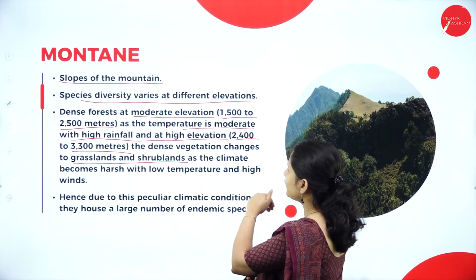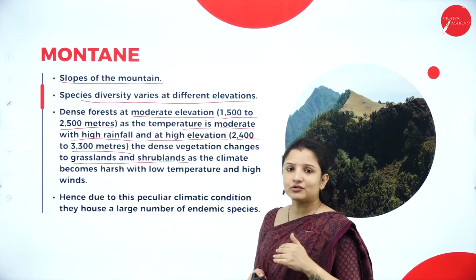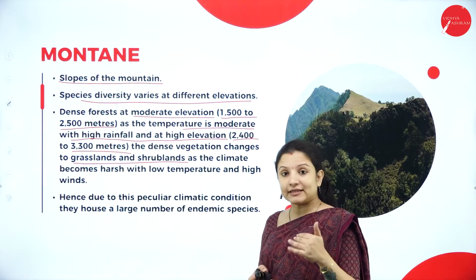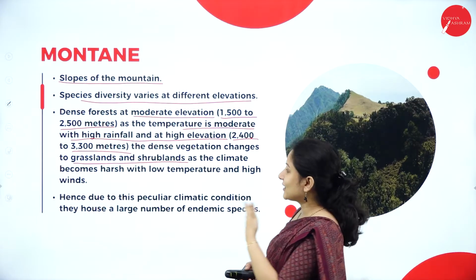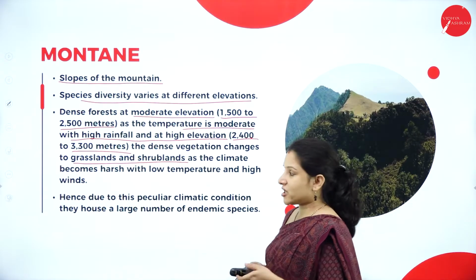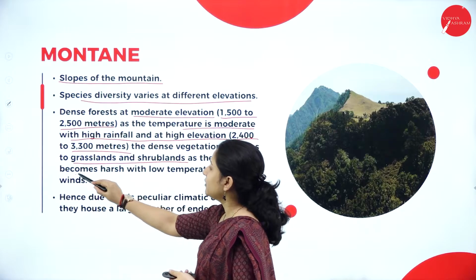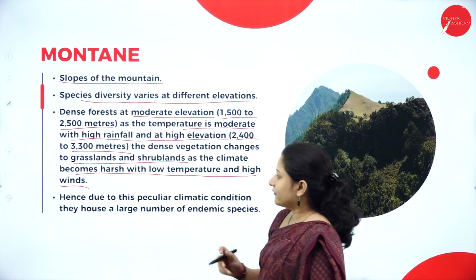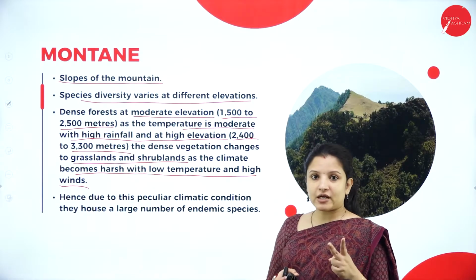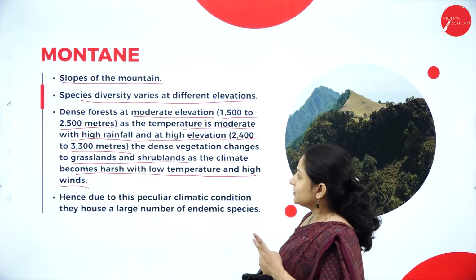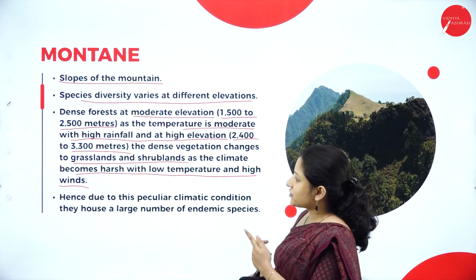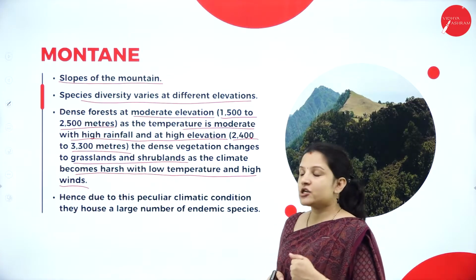But at a height of 2400 to 3300 meters, the vegetation changes from dense forest to grassland and shrubland vegetation, because the climate becomes quite harsh with low temperature and high wind. Therefore, we can find two types of vegetation in the mountain: dense forest at a certain height, and at a certain elevation, grasslands and shrublands.